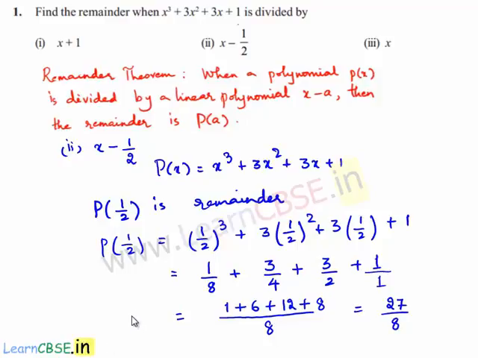Therefore, p of 1 by 2 is equal to 27 by 8, which is the remainder of the given polynomial.